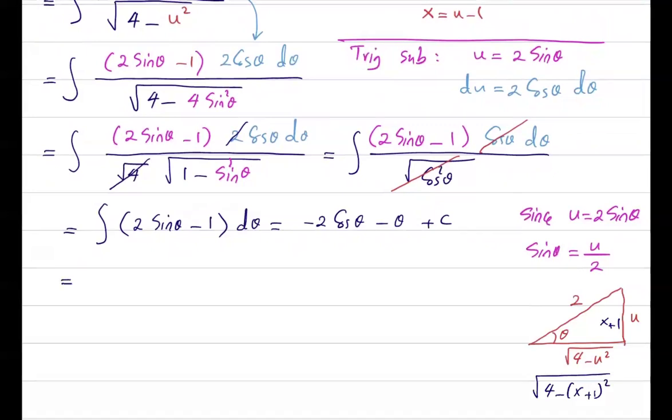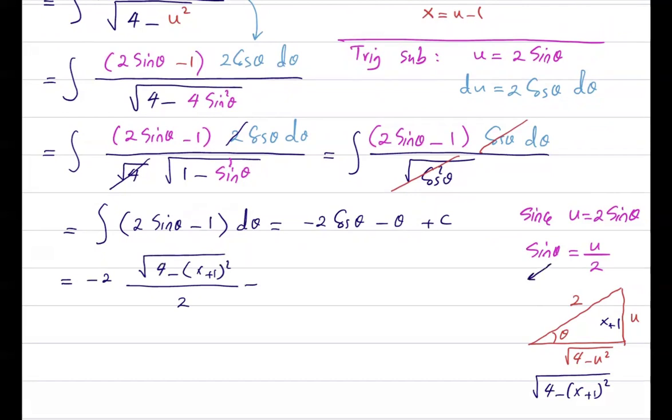So this integral is equal to negative 2 times cosine theta. What was the definition of cosine? Cosine is equal to the square root of 4 minus x plus 1 to the second divided by the hypotenuse, which is 2, minus theta. But what is theta?